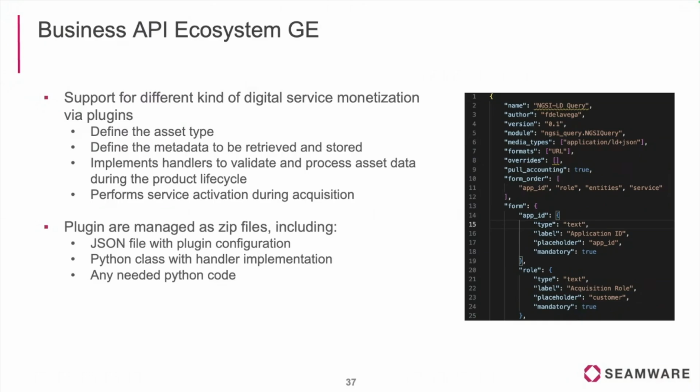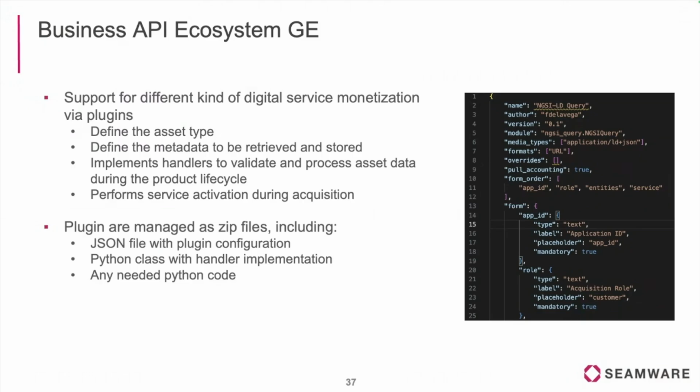Basically, a plugin in the BAE defines a type of service specification. For example, you can install a plugin which can be called context broker query. This way, you will have a service specification of type service query, and you can select it when creating a service specification.